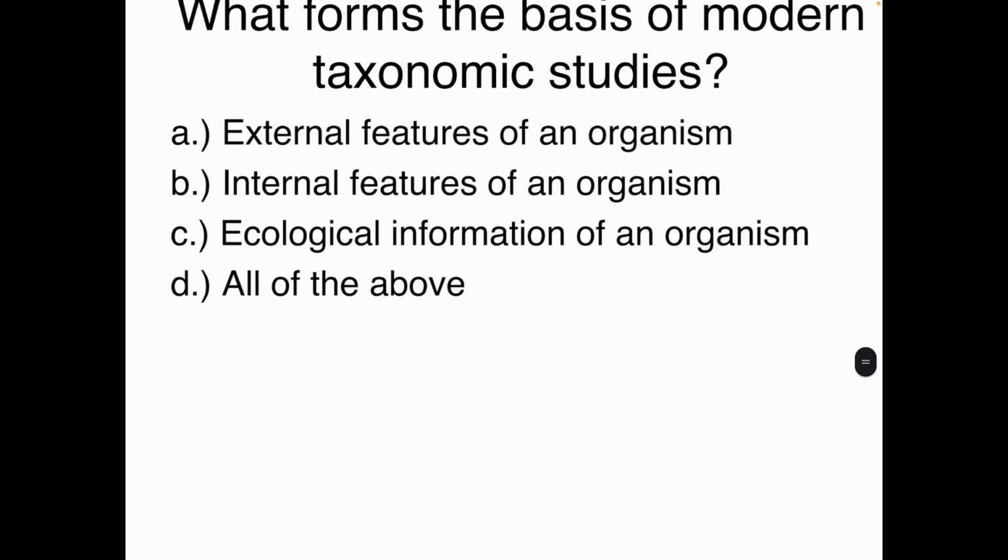Coming back to the discussion part. If you have read your NCERT properly, again I am emphasizing it, NCERT clearly states, and of course it is a fact, that taxonomy takes into account almost all the details of an organism.